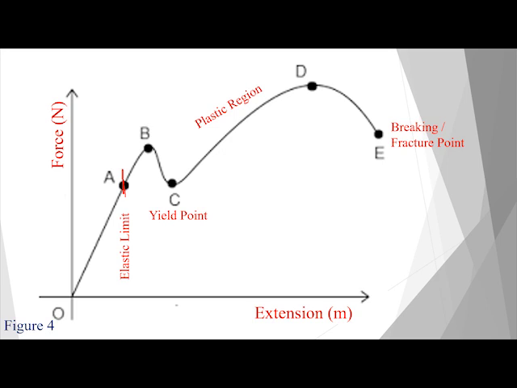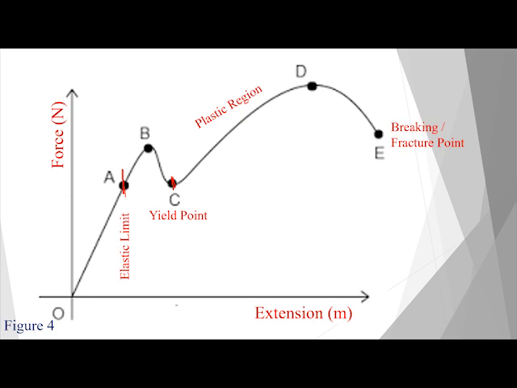Between point A to point C marks the yield point. This is the point whereby the elastic limit of the material has been exceeded. Now the material no longer behaves as a perfectly elastic material.